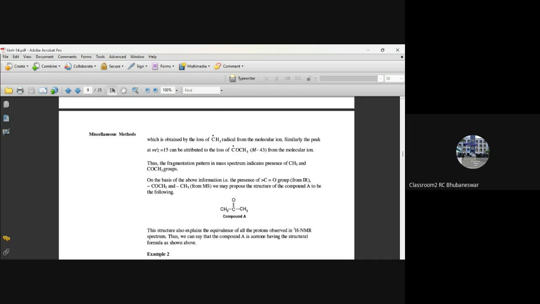Okay, so similarly, if another compound is given, then those peaks are there. Here you see 91 and 92 in the mass spectrum. You are getting one peak at 91 and one peak at 92. The 92 is your molecular ion peak and 91 is your base peak.